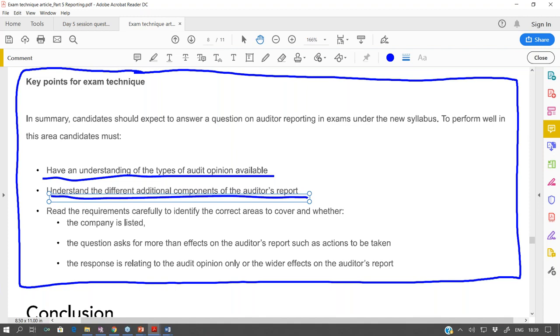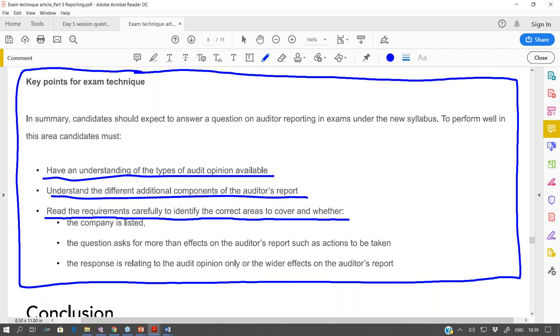Number three, read the requirements carefully. After that, the examiner says once you have understanding, then read the requirements carefully to identify the correct areas to cover. So after the understanding, read the requirements carefully so that you know whether you should be giving an opinion or including an additional component.